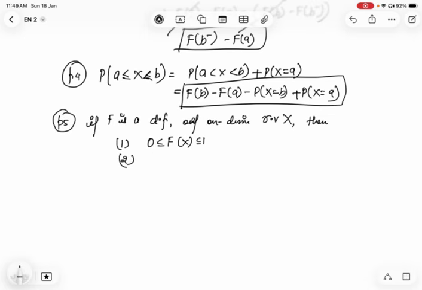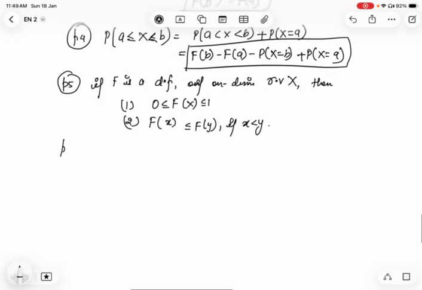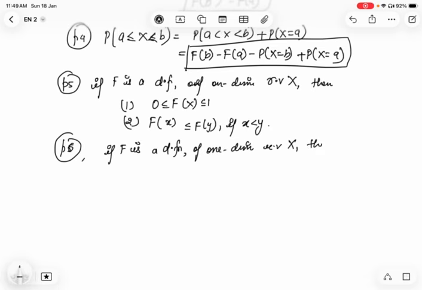And the second property is that F(x) is less than or equal to F(y) if x is less than y. And the sixth property is, if F is a distribution function of a one-dimensional random variable X, then the distribution function at minus infinity is 0 and the distribution function at infinity is equal to 1.